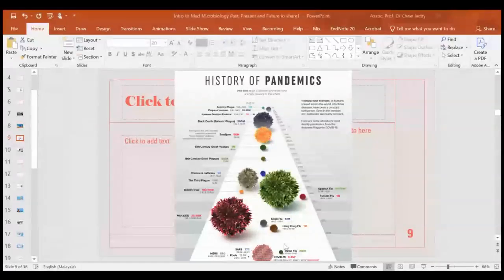This was the latest infographic published by this website, called Visual Capitalist, back in 2023. The recorded death toll for COVID-19 then was about 6.9 million people. If you go back in history, HIV and AIDS, which started in the 1980s, has already killed an estimated 25 to 35 million people. You can look at this later on in detail.